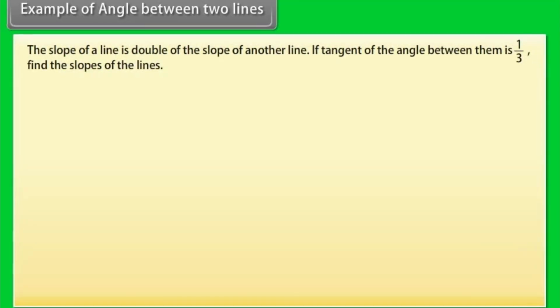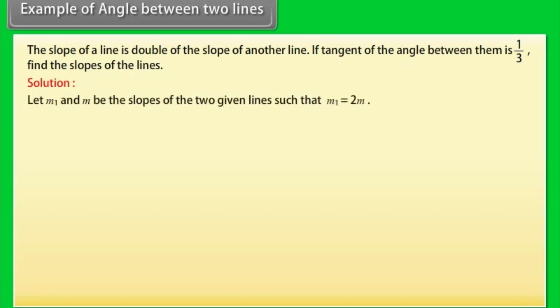Example of angle between two lines. The slope of a line is double the slope of another line. If the tangent of the angle between them is 1/3, find the slopes of the lines. Solution. Let m1 and m be the slopes of the two given lines such that m1 is equal to 2m.